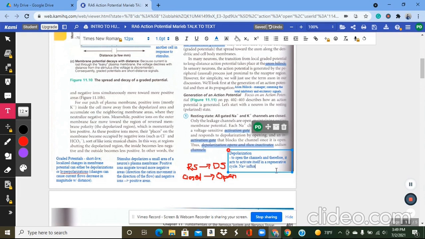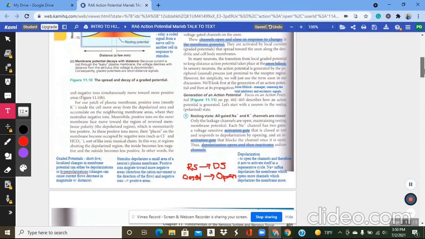So any influx depolarizes the membrane, which opens more channels, which depolarizes the membrane more. Okay, so let's move on.